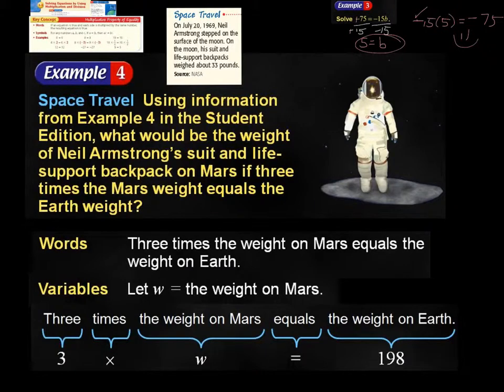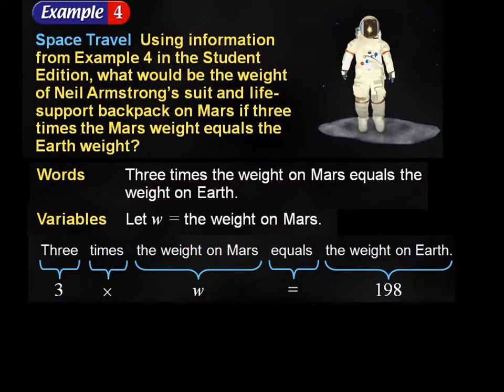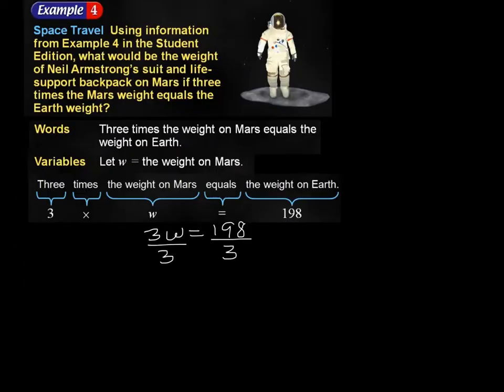Fortunately, we're using the problem they solved in the student edition, but we'll survive. Let's write it a little bit closer together. So 3W equals 198. To undo multiply by 3, I'm going to divide by 3. So I get W equals 66 pounds.